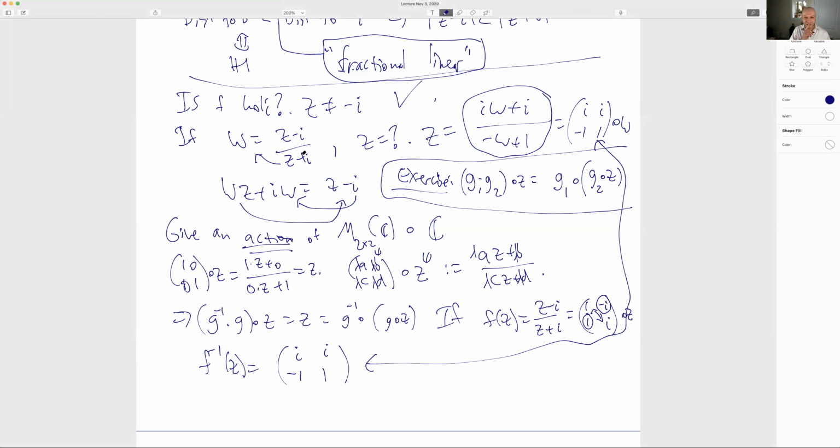So there's something funny that's happening here. Why does this work? Really, we don't want to think about these matrices. For this map to be invertible, I need not any 2 by 2 matrix. I need an invertible matrix. So I need a general linear GL2C for there to be an inverse. We want holomorphic conformal maps that are invertible.